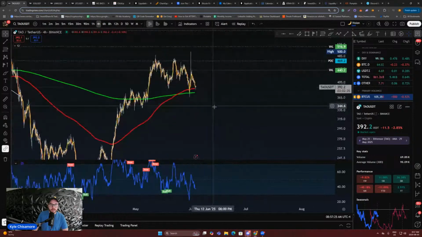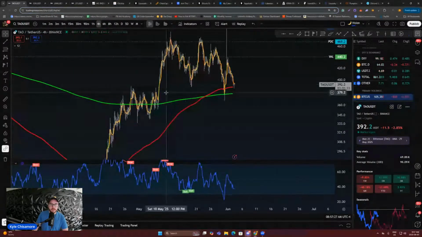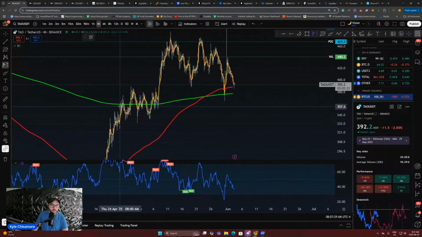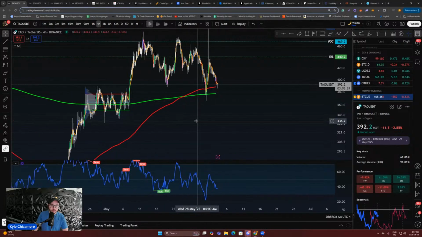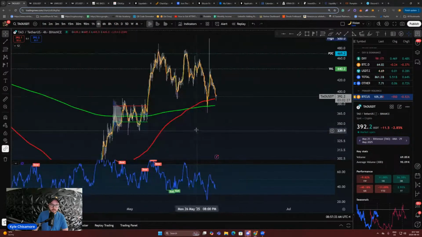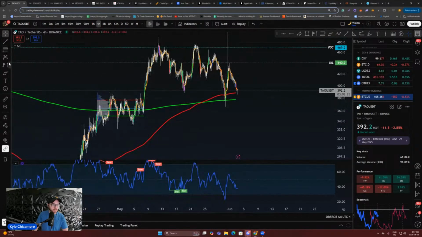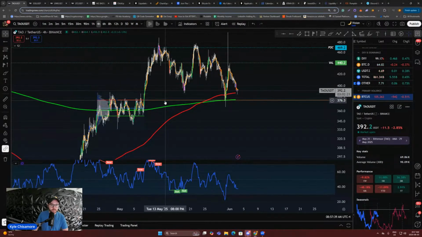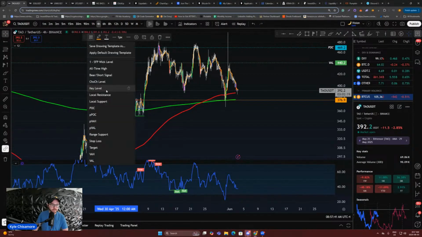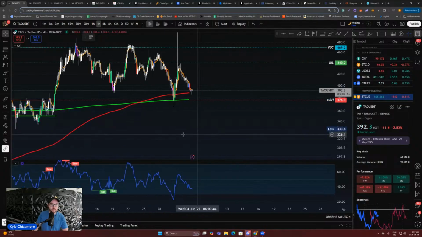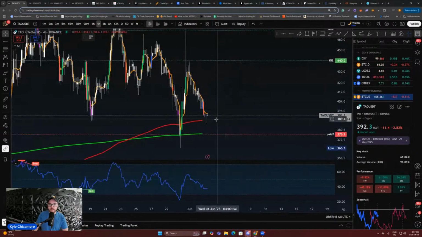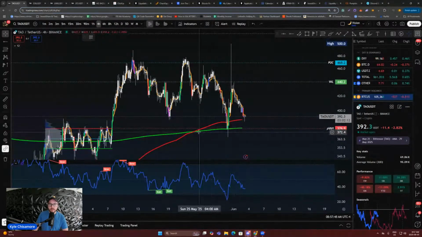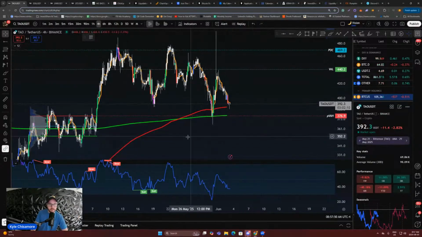Right now, we are coming into a demand zone. We got quite a bit of confidence for a reversal, like an internal reversal. We got a previous value area high here. Cool. And we're at the 200-day EMA where we have a golden cross.